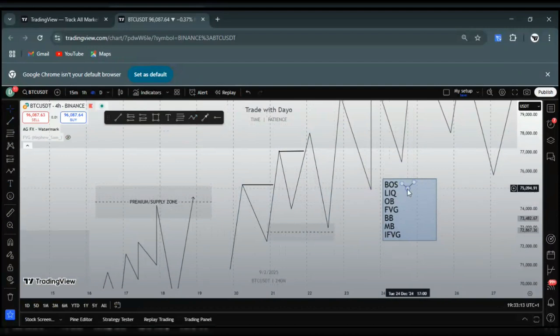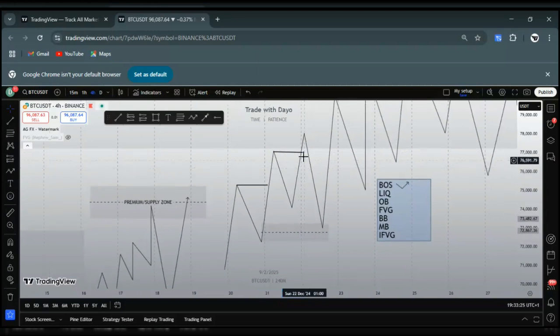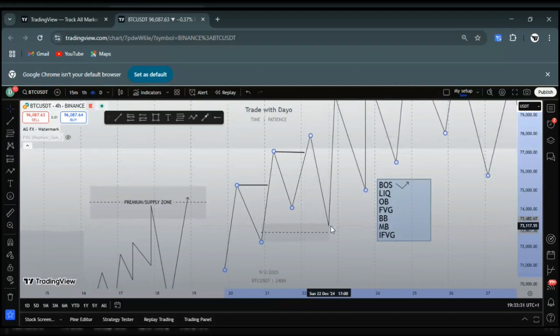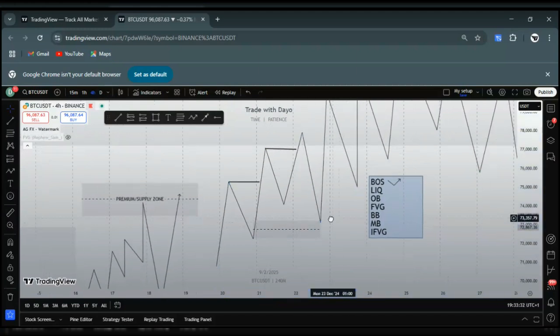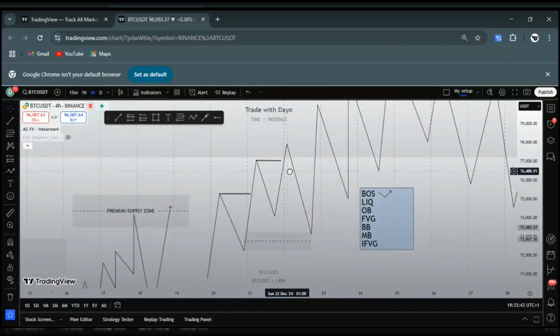Then liquidity, because when you see that the market doesn't tap into your demand zone but still jumps up to create a new break of structure, that means liquidity has been created. For those people that don't understand me, I think you haven't watched my video regarding liquidity. You need to go back and watch. But those who have watched my video should understand this.